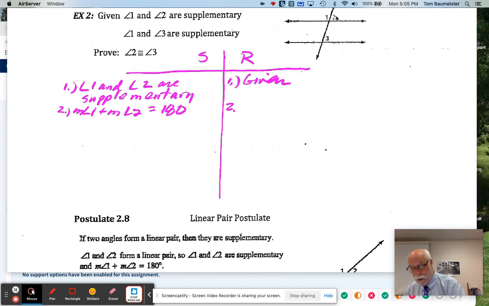And I just gave you a big hint there: when I see the word are or is, I see are right here, that's going to be by definition. So definition of supplementary angles. And right now, since I wrote it out the whole time there, I'm just going to put sup angles there. That means by supplementary.